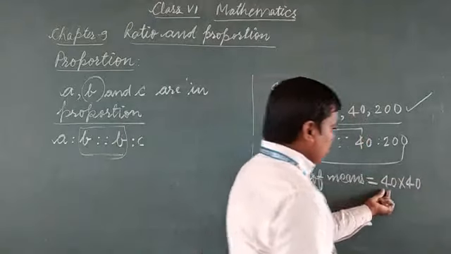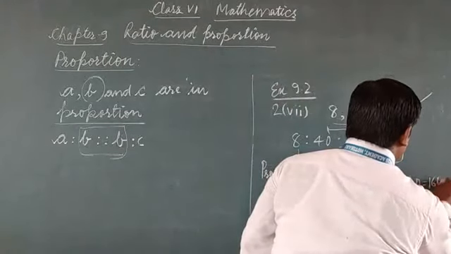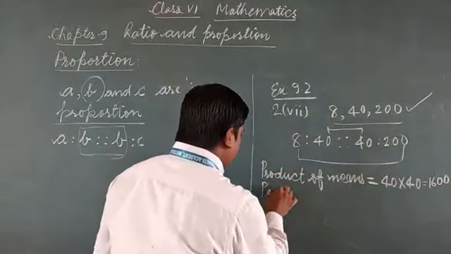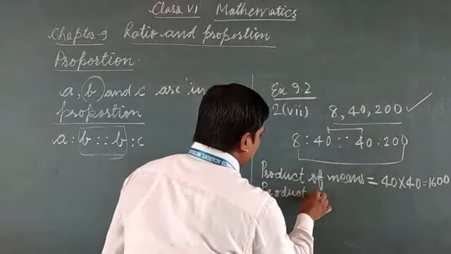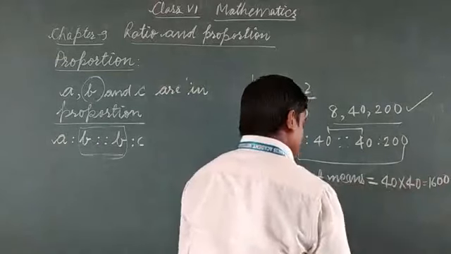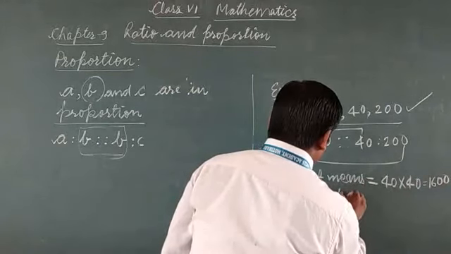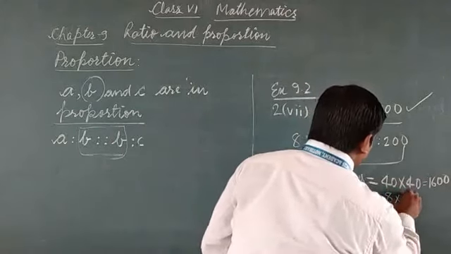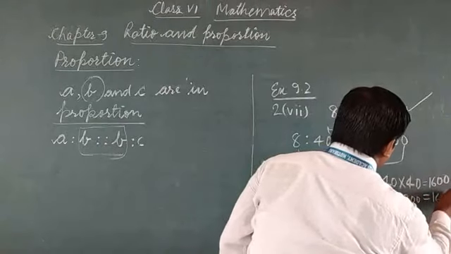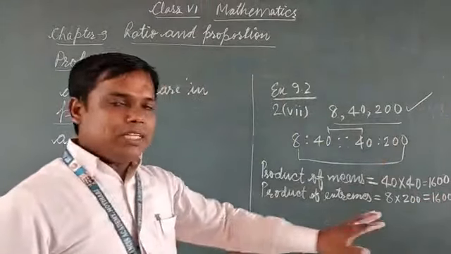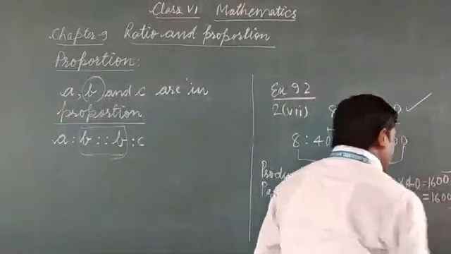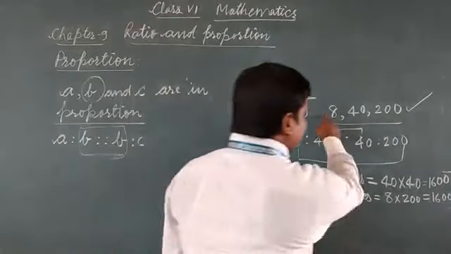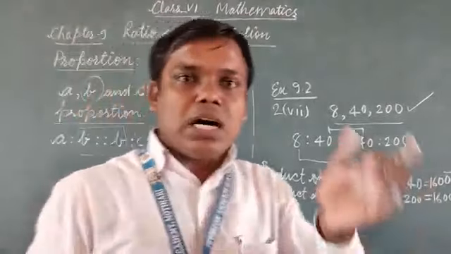What will the product be? 4 fours are 16, and with the two zeros it will come to 1600. And the product of extremes is 8 into 200, which is 1600. What are you observing? The two products are equal. Here the product of means is equal to the product of extremes. Therefore the given set of numbers are in proportion.